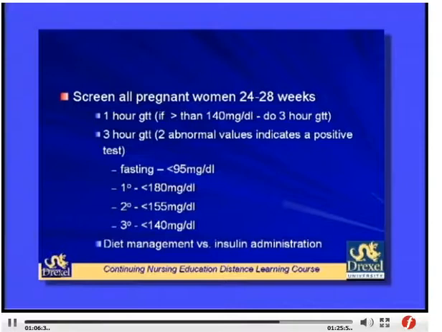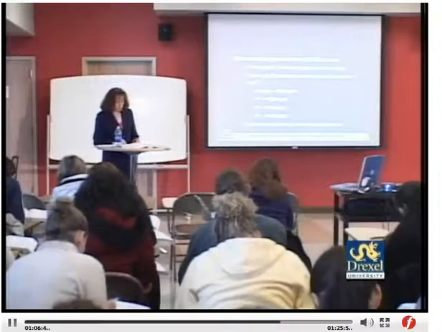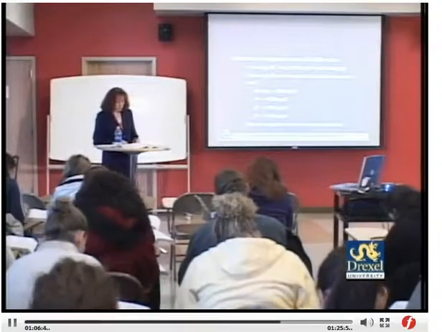And what we usually do as a first method is a 1-hour GTT, or a 1-hour glucose tolerance test. Again, the woman does not need to fast for this test. And if we see an elevation greater than 140, the woman then goes to a 3-hour test.